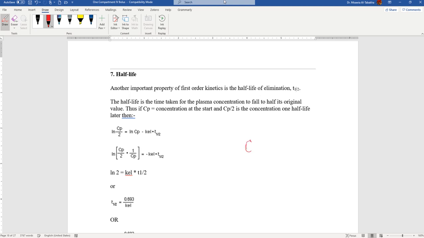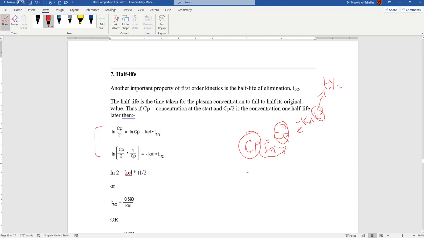One way, maybe there is another way, but they are very similar, is to say Cp equals Cp0 times e to the minus KEL times t. Okay, this is the starting equation. Now I want to make it T half. When will it be T half? The time here is the half-life, when this concentration is half this concentration.